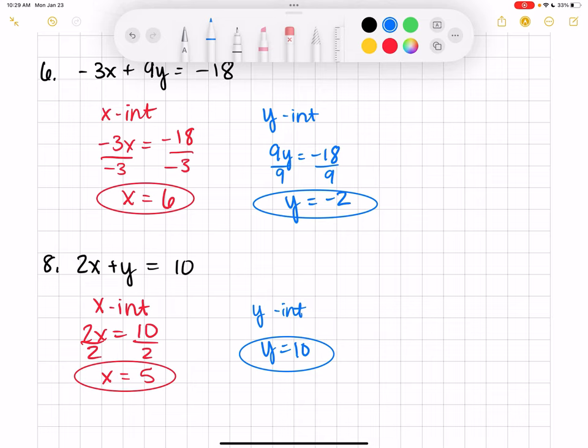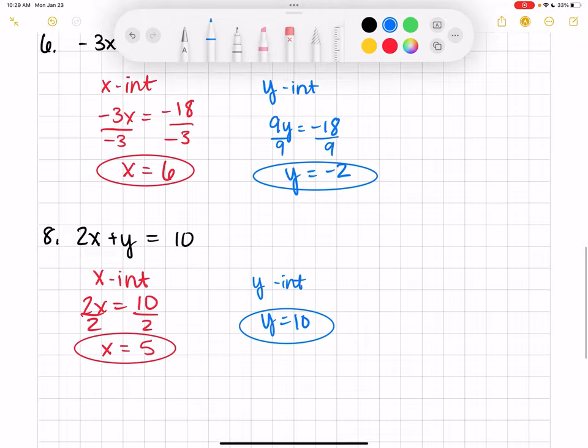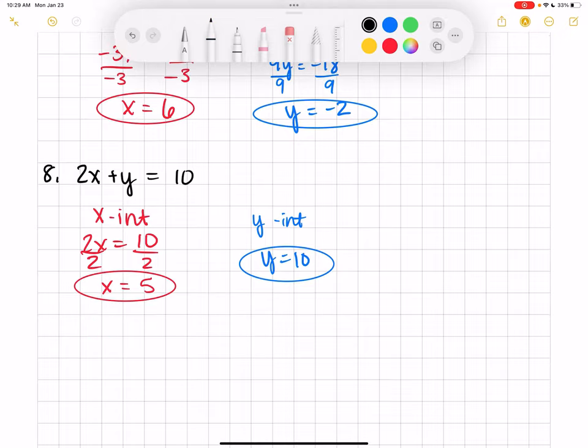All right, I'm going to show 10, but I'm going to also modify it a little bit. But number 10, we got 3x plus 0.5y is equal to 6.